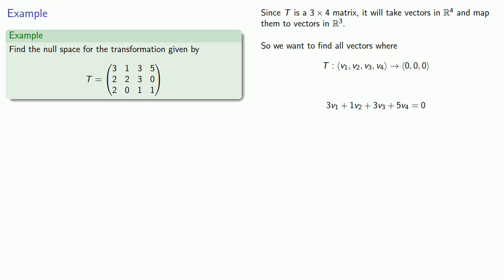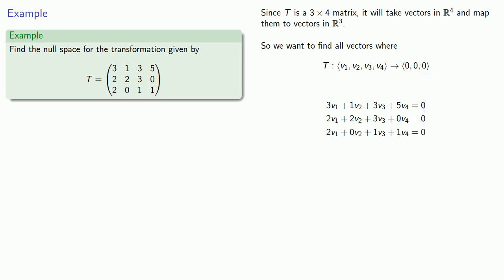Likewise, the second row tells me that 2v1 plus 2v2 plus 3v3 plus 0v4 is going to be the second component, which I also want to be 0. And finally, the third row tells me that 2v1 plus 0v2 plus 1v3 plus 1v4 gives me the third component, which again I want to be 0.